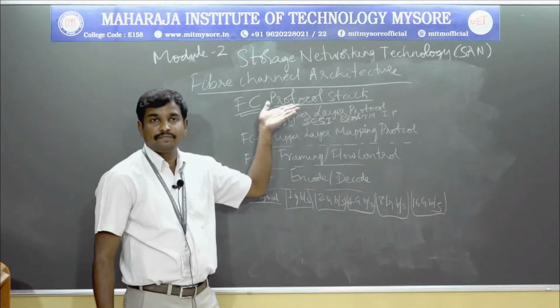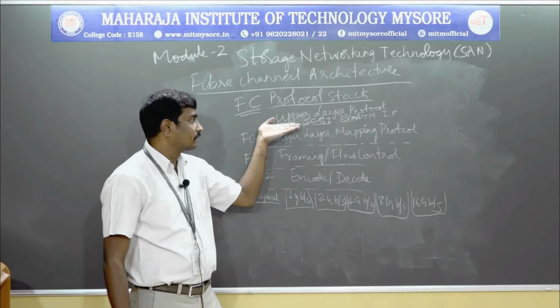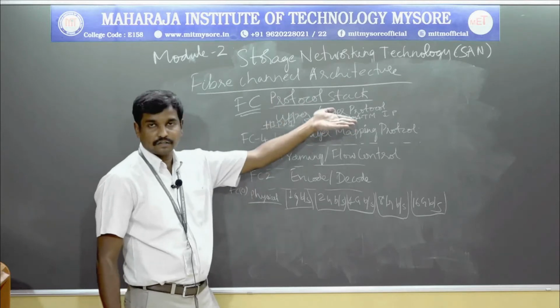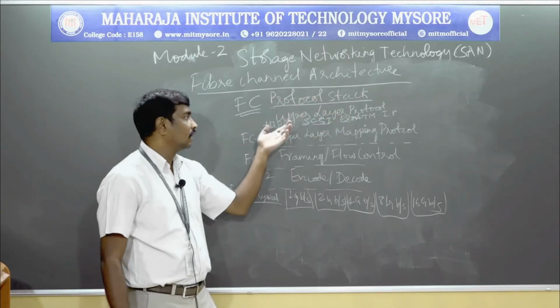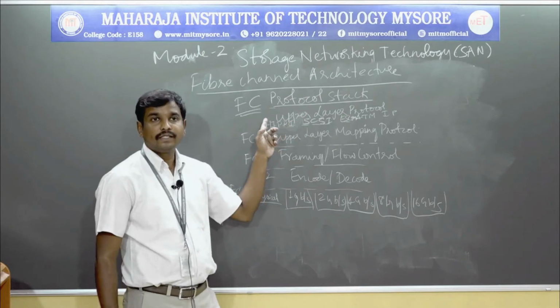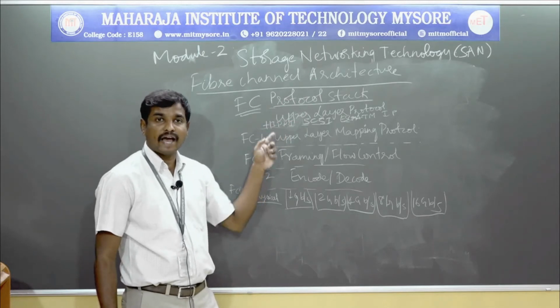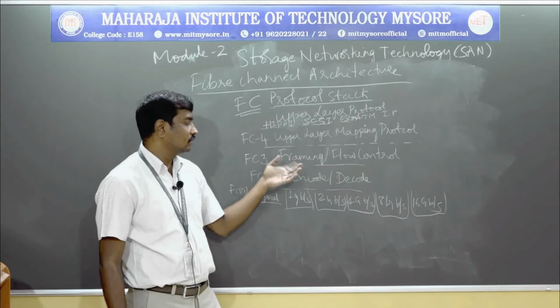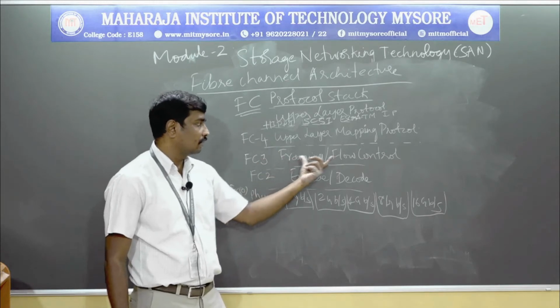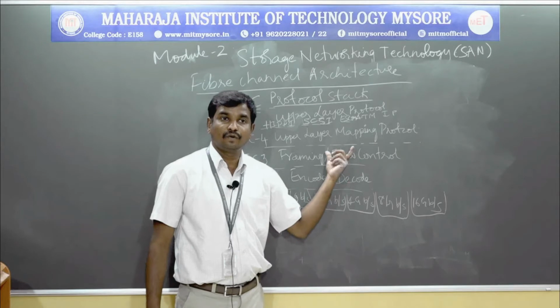So we have defined the connection between the host machines and the storage area infrastructure, along with some standard protocols. This standard protocol has to map to the lower protocols. That means it should be represented in the form of frames or flow controls, like that.